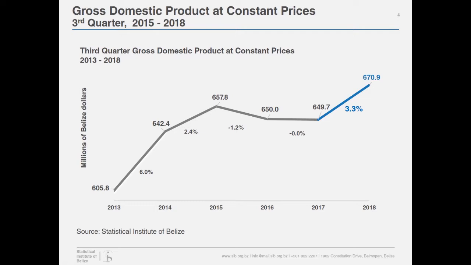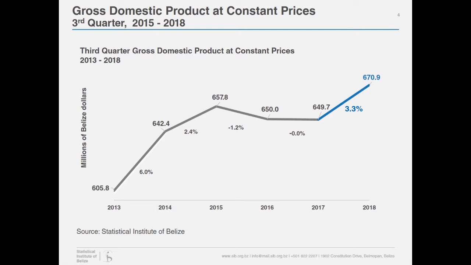We see an increase in 2015 from $642.4 million to $657.8 million. And that was an increase of roughly $15.4 million. And this was due to increased production in electricity, water, construction, wholesale, and retail sectors.